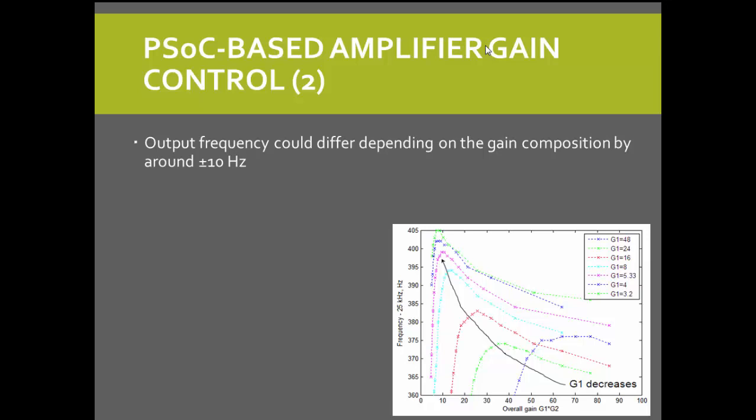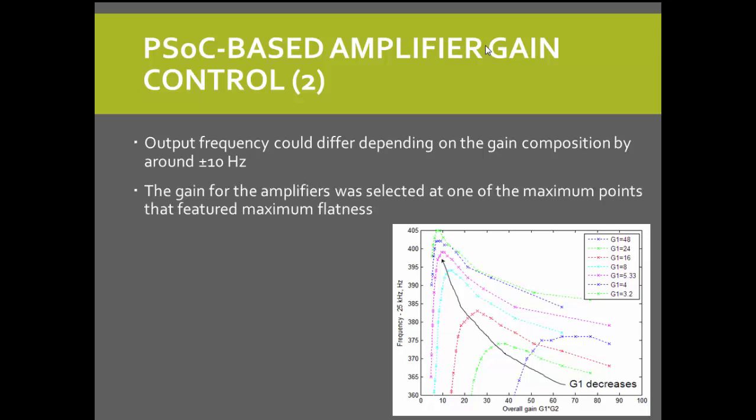As you can see in this picture, our system is highly nonlinear, and even for the same combination of gain, we can get a deviation in frequency of about plus or minus 10 hertz. So at the beginning, we chose a point that ensured maximum flatness, so the signal is not deviated by this amount of frequency.